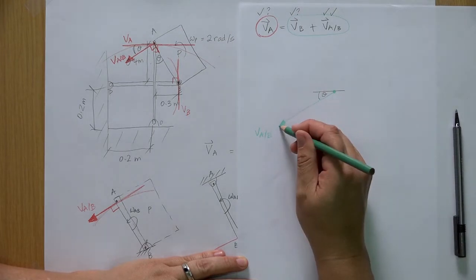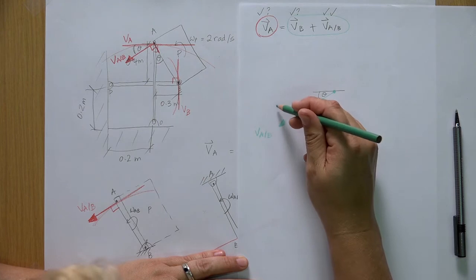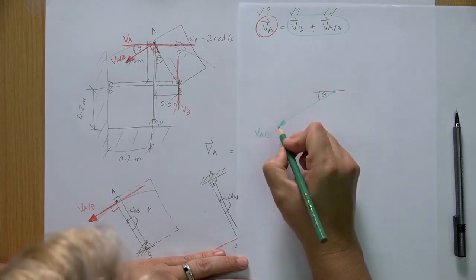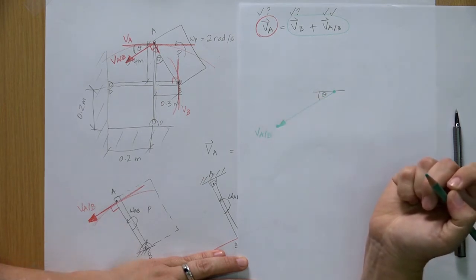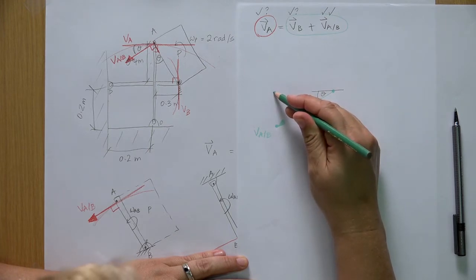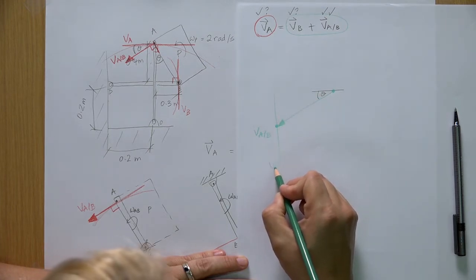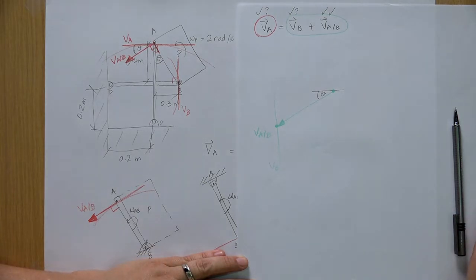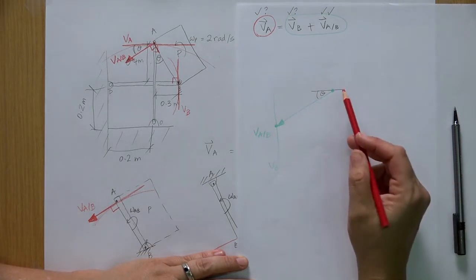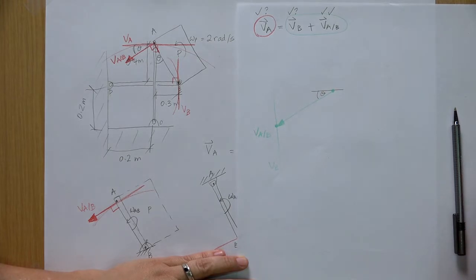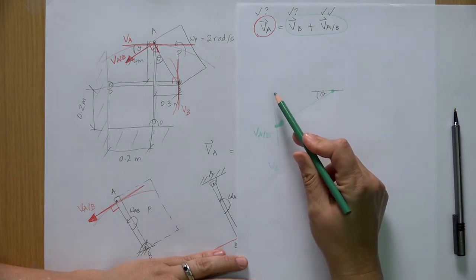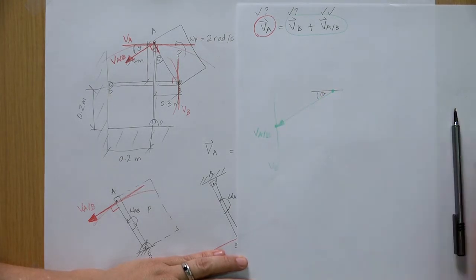Now, V of A relative to B plus V of B. So with a tail here at the head of VA relative to B, and vertical, but we don't know if it's going to go up or down. This is the line that represents the possible direction of VB. That's the green path. We start there, we walk here, and then either we're going to walk up or down.